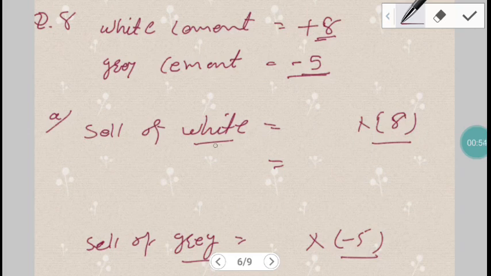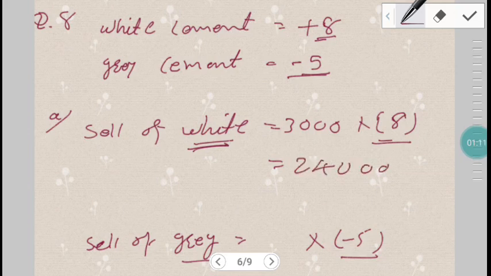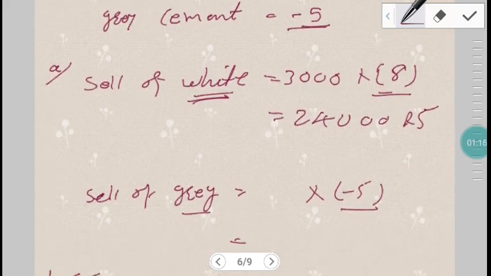So selling of white cement, the number of white cement bags they sold is 3000 and profit per bag is 8 rupees. So let's calculate. So we will get 24,000 rupees they will earn by selling the 3,000 bags of white cement.